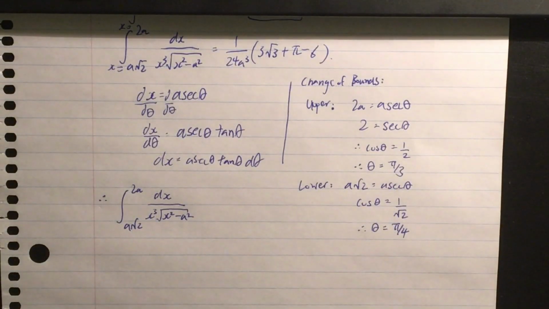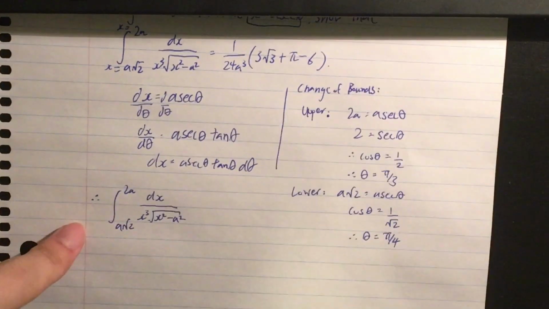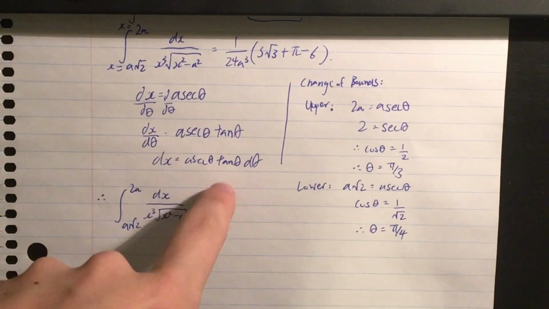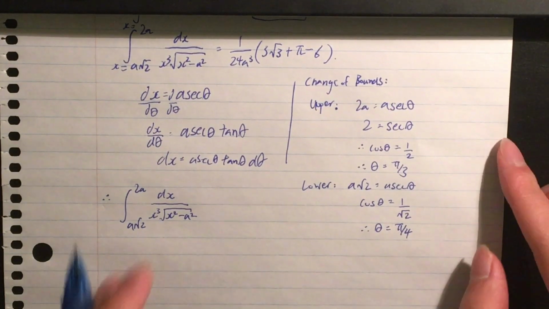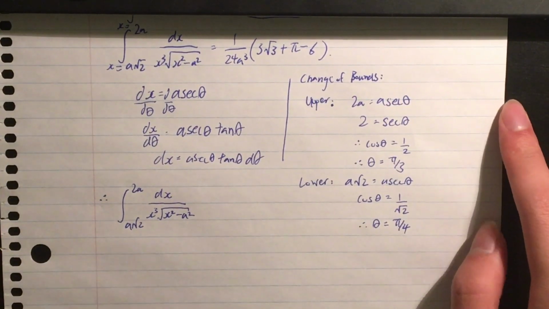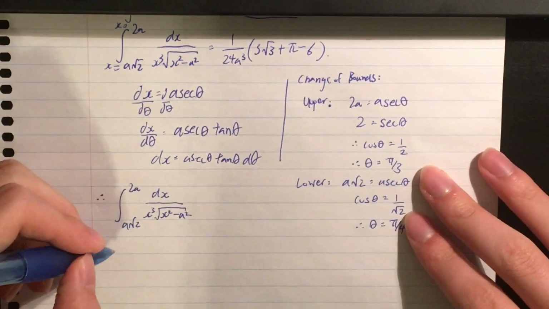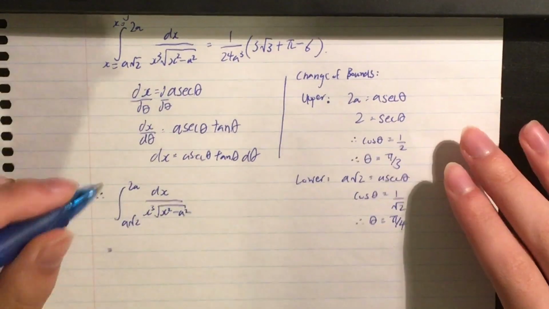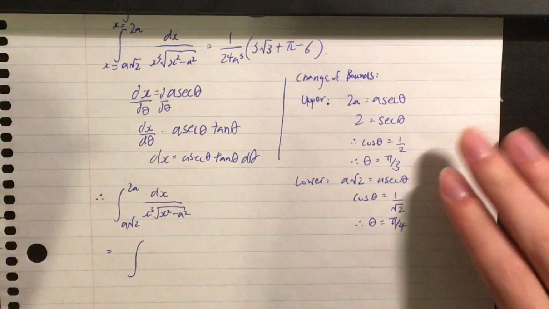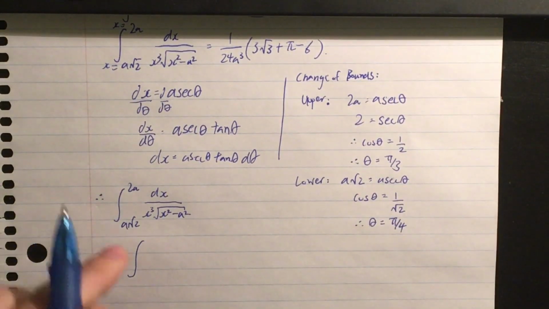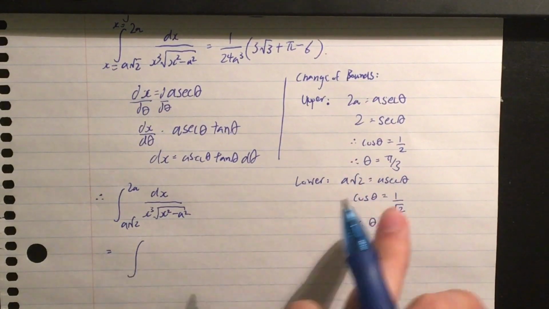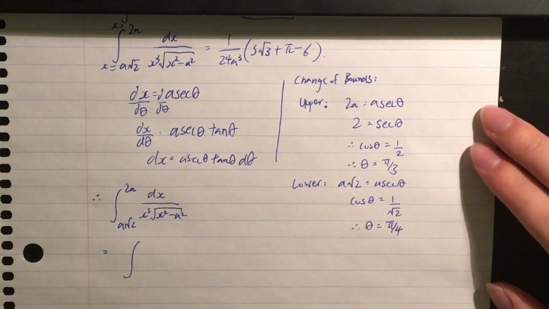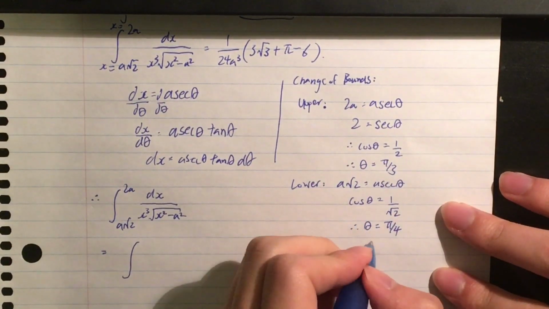So now that we've got our respective parts of the integral, we can put it together and rewrite our original integral here. So this would then be, instead of a root 2 and 2a, we change it into the bounds of theta instead of x.